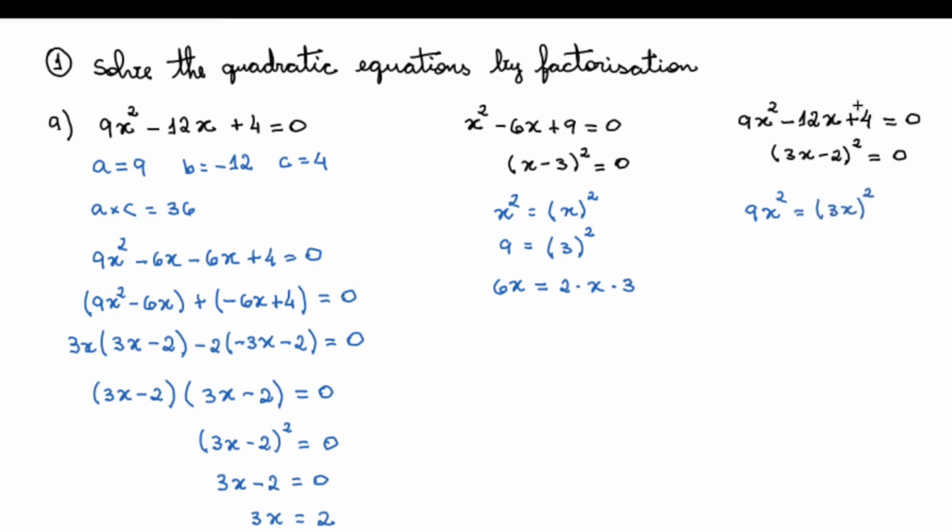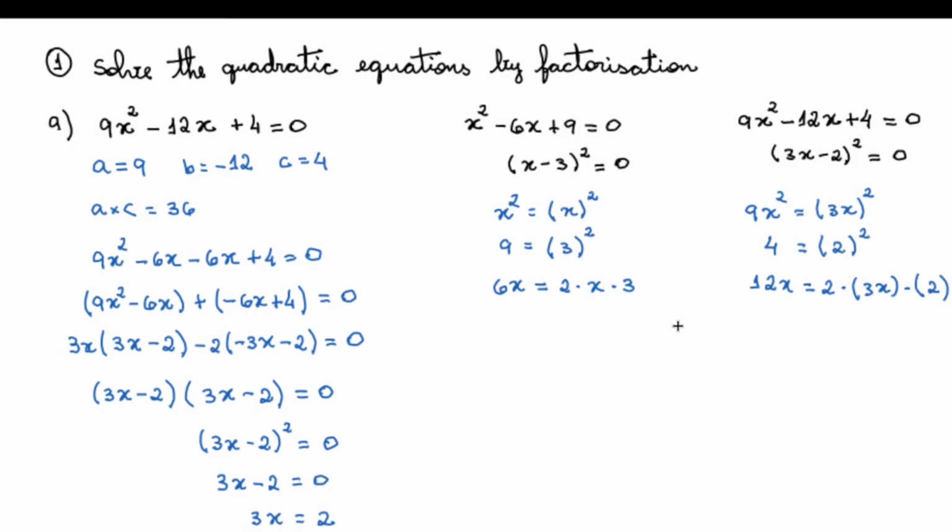And the last term, 4, is a perfect square of 2. And the middle term, 12x, is twice the square root of the first term, 3x, times the square root of the last term, 2.